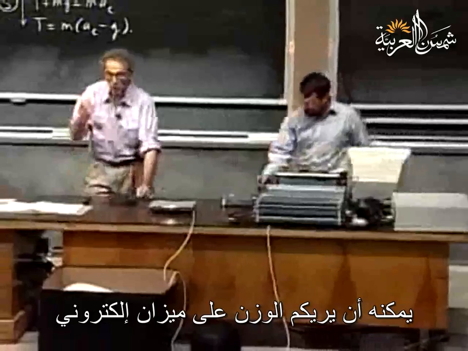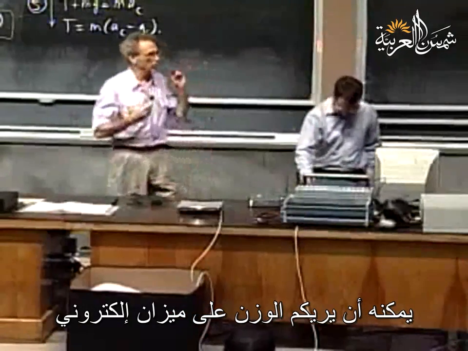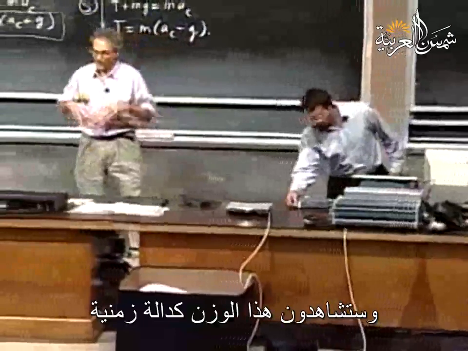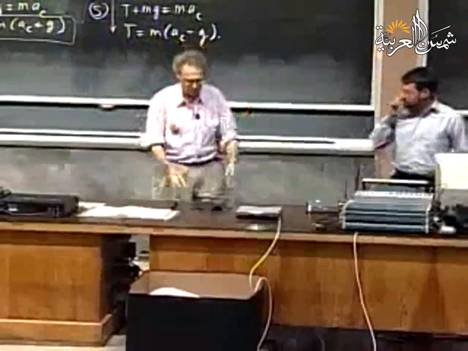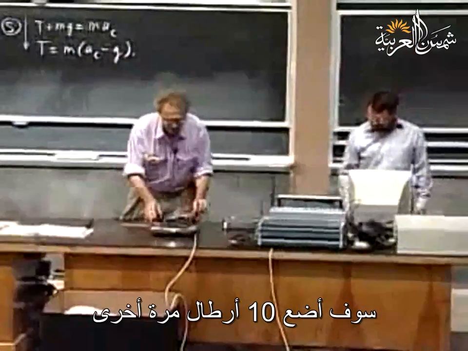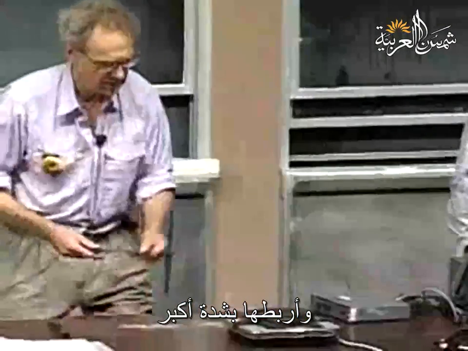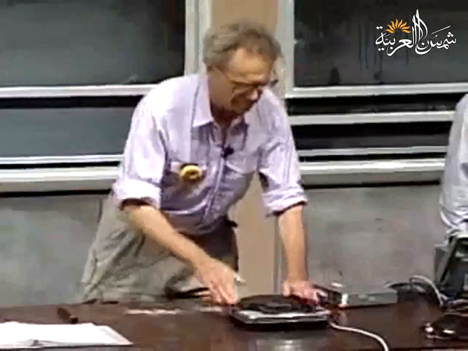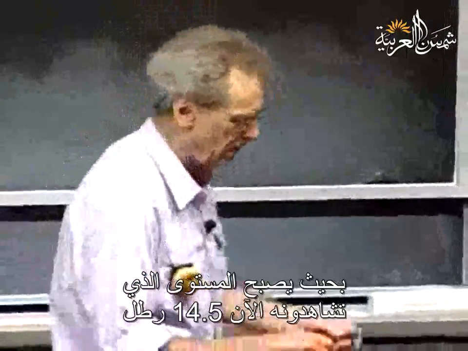He can show you the weight on an electronic scale, and this weight you will see as a function of time. I'll put the 10 pounds back on again, tape it a little tighter, and so the level that you see now is 14.5 pounds.